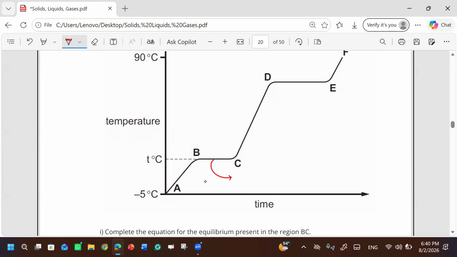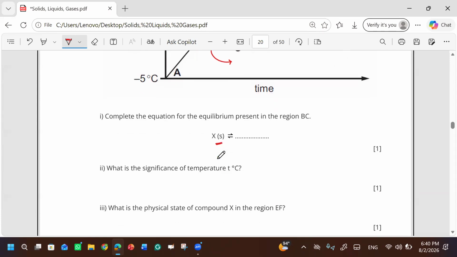And this one is liquid. So we can write XL, right? Like this. You got this? I wrote like XL. We can also write X and just L. Just give me 1 minute. Okay, okay.